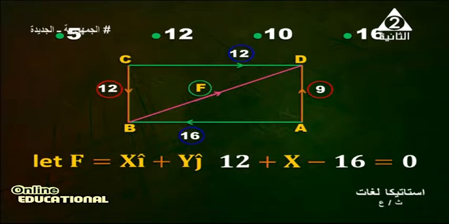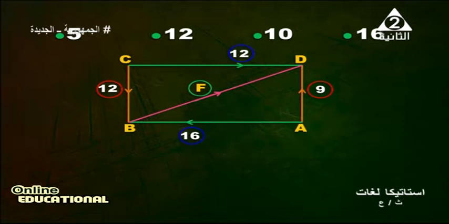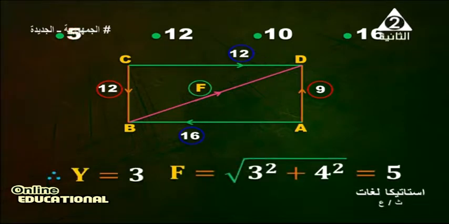Therefore, we have 12 plus x negative 16 must be equal 0, x equals 4. 9 plus y minus 12 equals 0. Therefore, y equals 3. By using x power 2 plus y power 2 under square root equals 5.